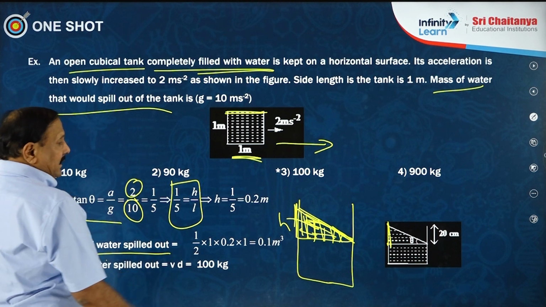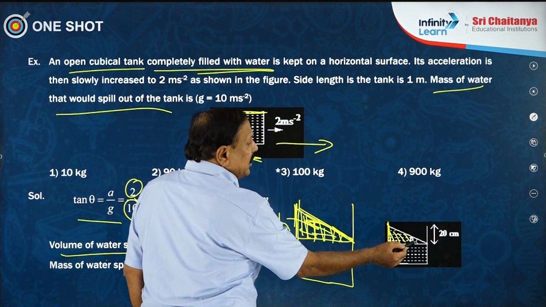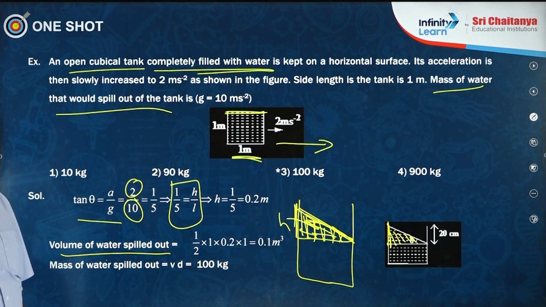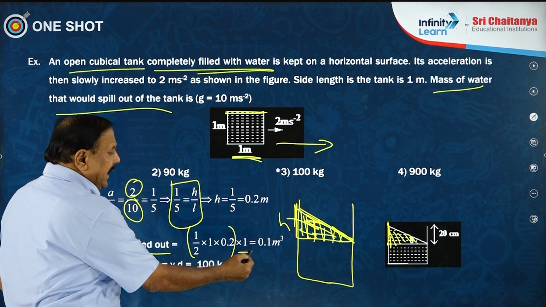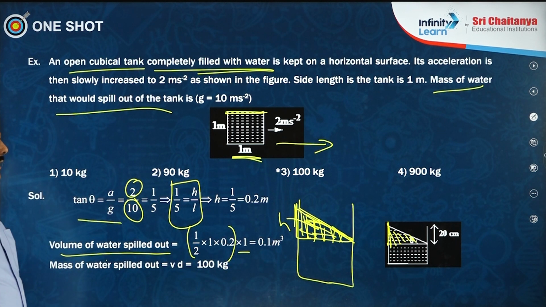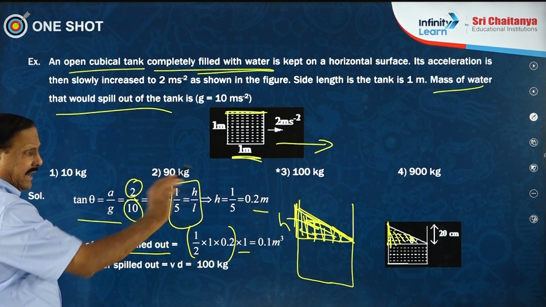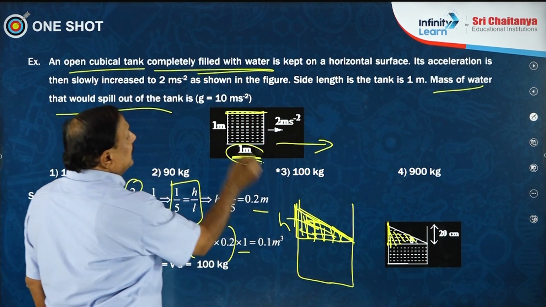Now, the volume of water means how much volume is there in this particular part. The cross section of that part is a triangle. Therefore, volume is triangle area into height, that is half into base into height, into the side of the cube, already given as 1 meter.